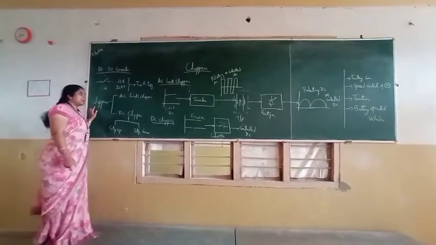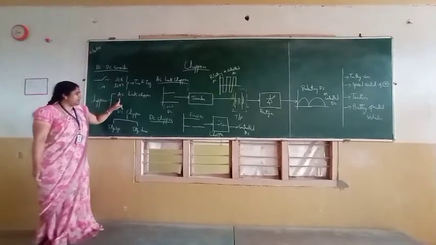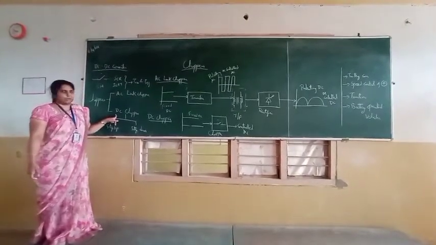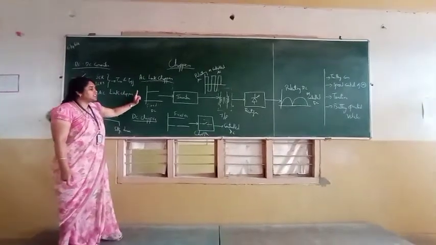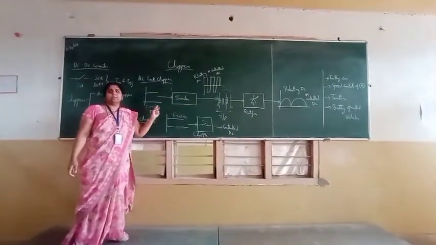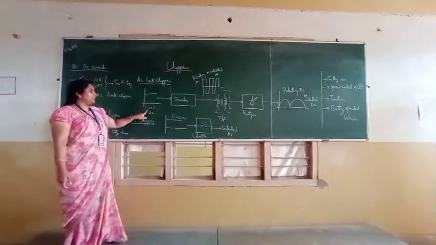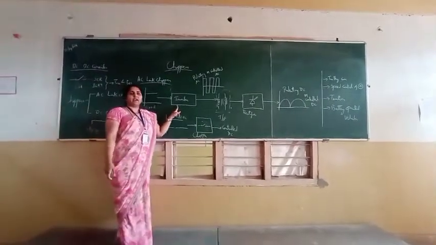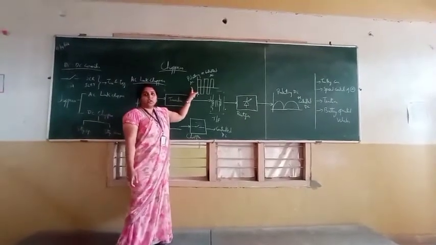The basic classification of choppers is two types: one is the AC link chopper, the other one is the DC chopper. The AC link chopper converts a fixed DC into a controlled DC in two stages. First, the fixed DC is given to an inverter, where it is converted into a pulsating or controlled AC.